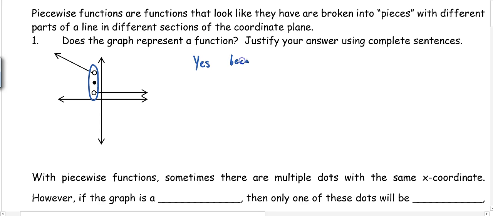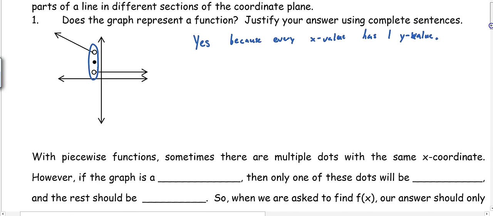Yes, because every x value has one y value. So with a piecewise function, sometimes there are multiple points with the same x-coordinate, which is happening here.